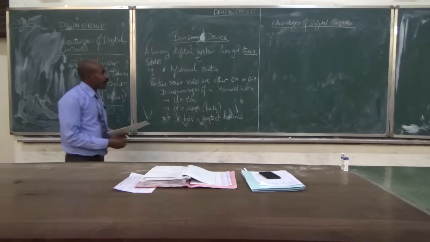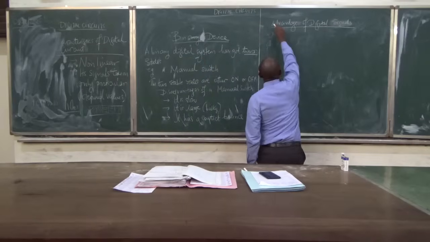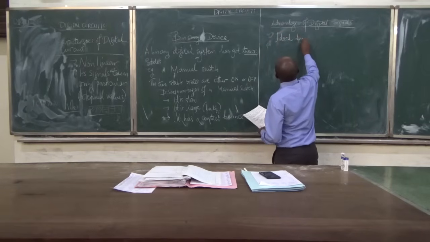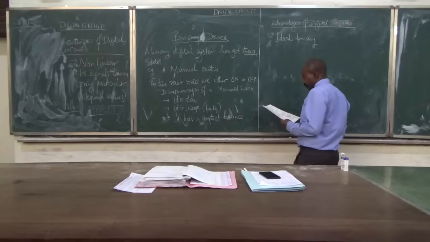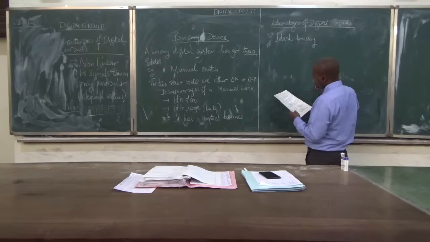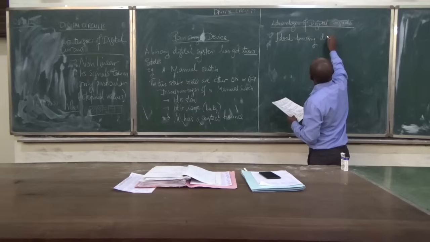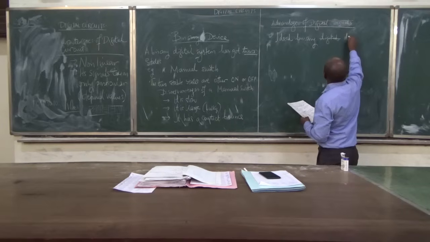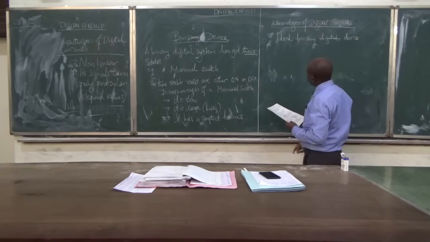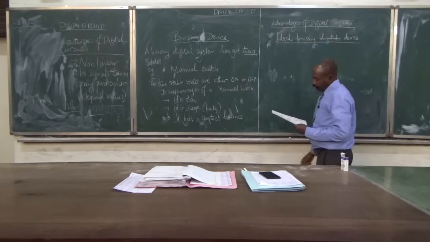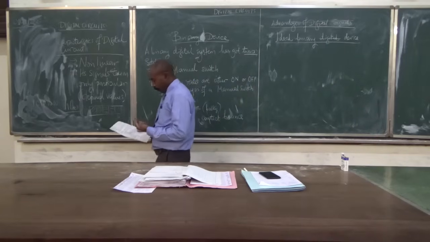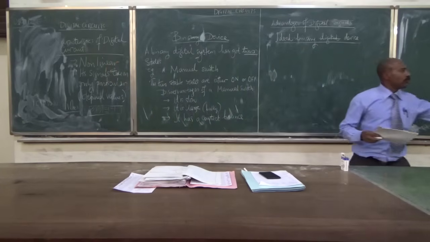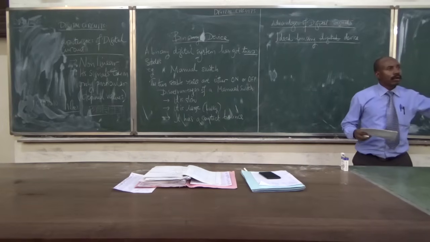What should an ideal binary digital device do? If it is ideal, it should be able to give us the two states quickly.